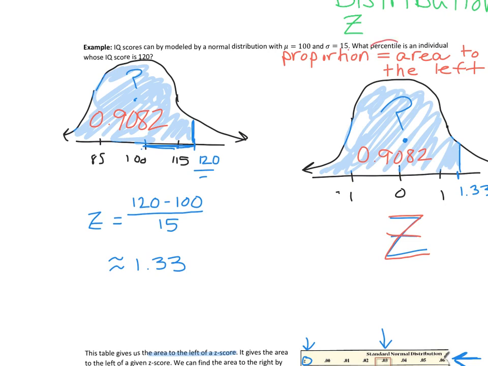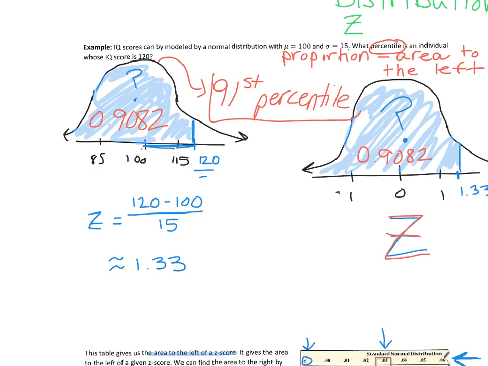How are we going to state that as a percentile? Well, we can round to the nearest percent: 90.82%. We could say that the answer is the 91st percentile. That's your solution to this part of the problem.